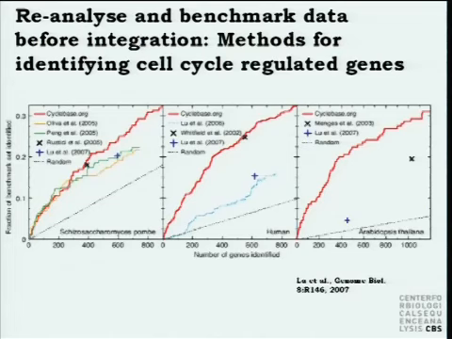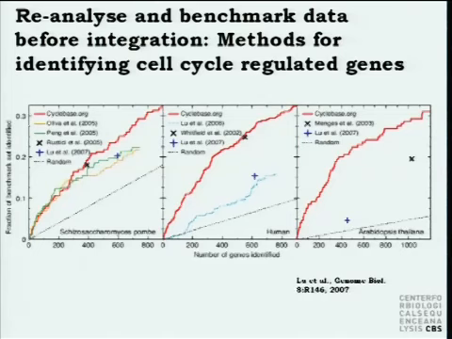I don't want to go into details, but there was a particularly confusing paper last year from Lou et al. that came up with completely new, well not completely, but strongly deviating lists of periodic genes in different organisms. And you see, according to our benchmark here, the blue crosses is really suboptimal.